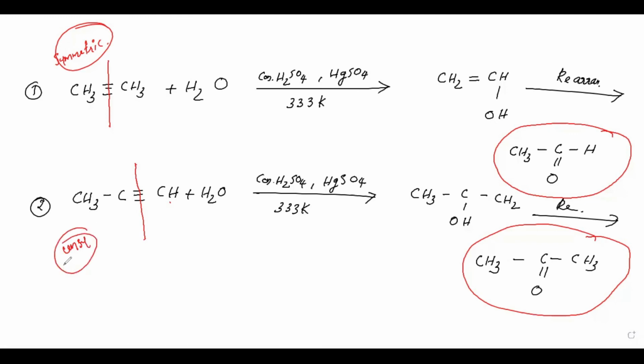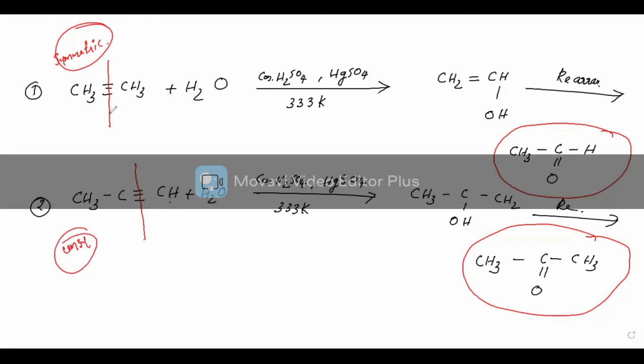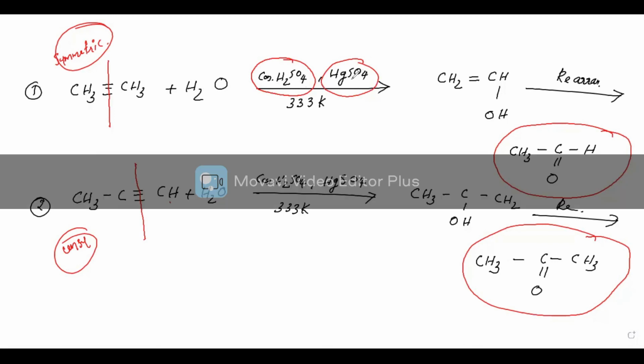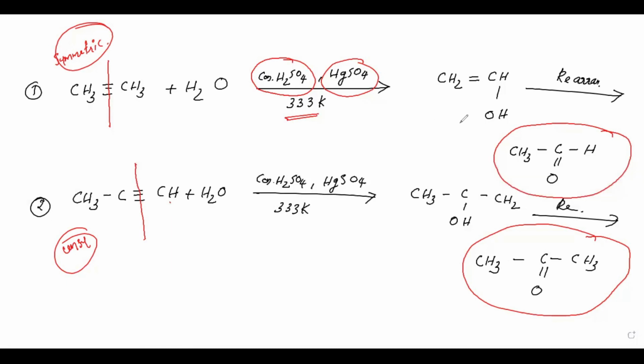Clear? So when the symmetric alkyne is treated with water in the presence of concentrated sulfuric acid and HgSO4, mercuric sulfate (SO4 means sulfate, Hg is mercury), at 333 Kelvin, we get aldehyde.